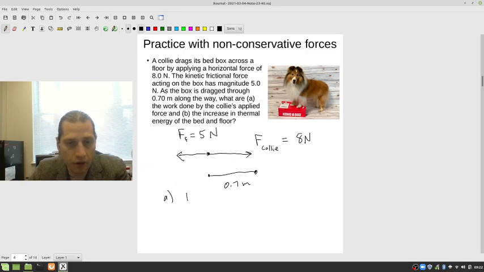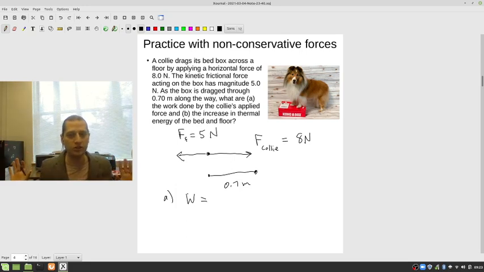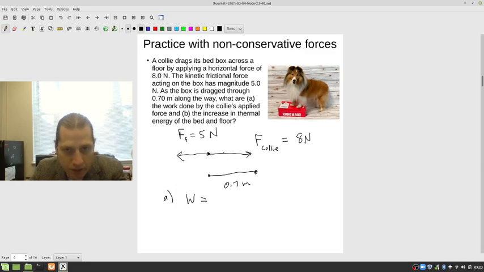Okay, remember, the amount of work done tells me how much the energy is changing on this object. So in this case, we're sort of backing away from the energy paradigm back to our forces thoughts, and we're thinking about basically the speed of this object. More force is being put in one way than on the other way. The collie is doing positive work because it's pushing in the direction that the box is going.